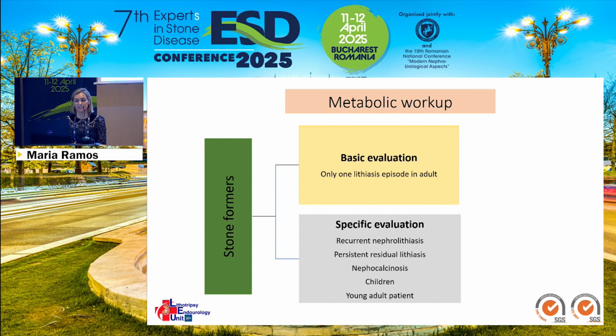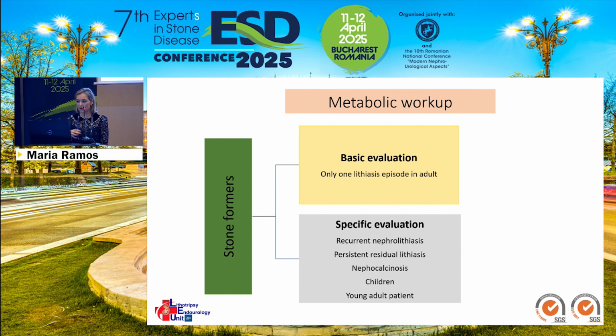For patients, we have two evaluations for metabolic workup, the basic evaluation and a specific evaluation. The basic evaluation is for patients who have had a single episode of lithiasis and who undergo non-specific prophylaxis with diet and increased fluid intake.